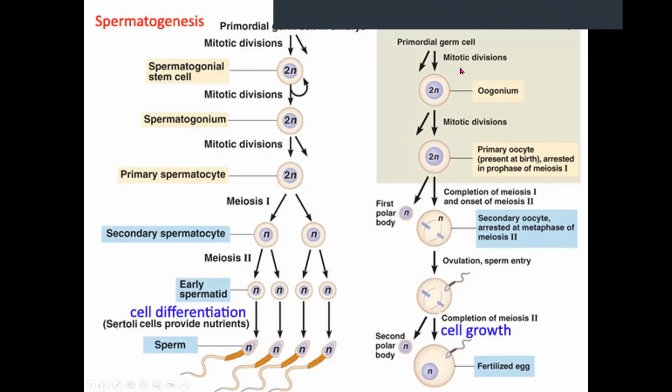In the female, the same thing happens, but you end up with 3 tiny little ones, which disappear out of the body, and 1 large one. This one shows fertilization, the sperm coming in. Completion of meiosis. Okay, that's it.